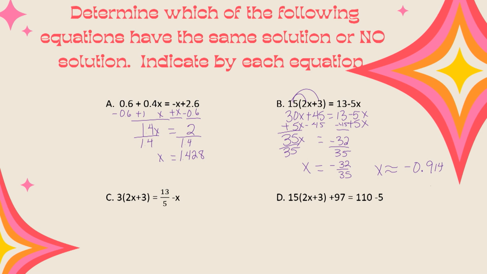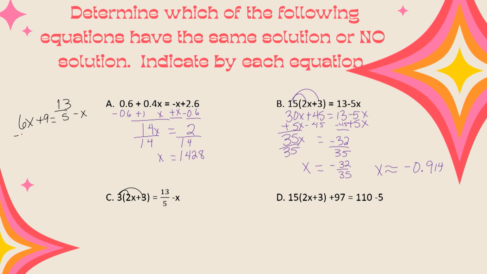First thing we're going to do is distribute. So let me go ahead and get a different color. And I'm going to distribute and write it up here so we have plenty of room: 6x plus 9 equals, and then I have that 13 over 5 minus x. Just to prove that we can put the variable on either side, I'm going to put the variables on the right and the numbers on the left.